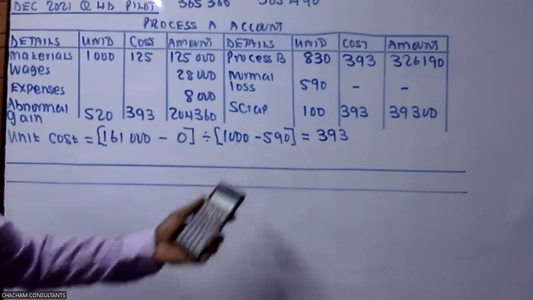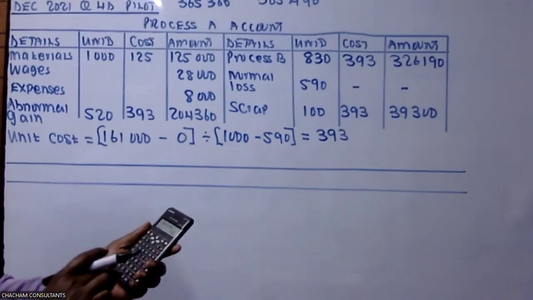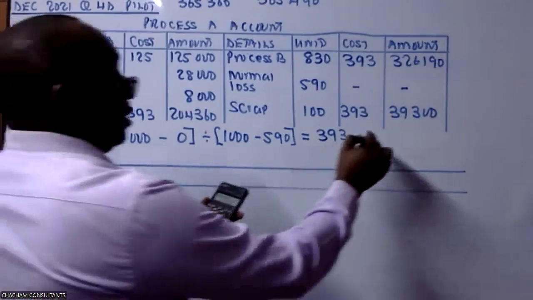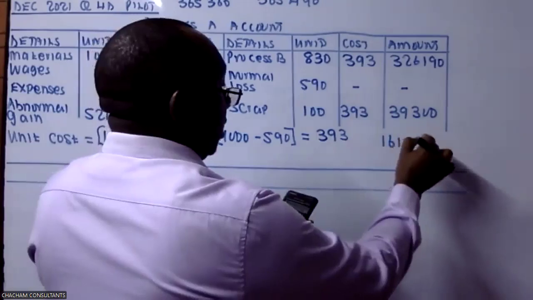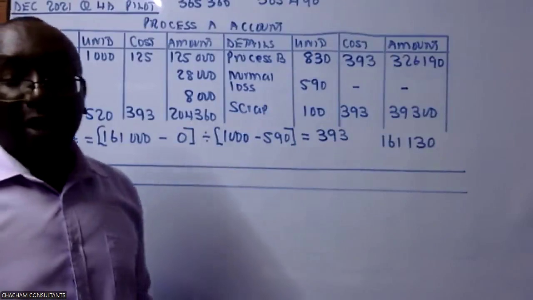So 410 times 393 comes to 161,130. In an exam setting we should not round off, we use decimals. We recommend you use 3 decimals. But if there are decimals, it can never balance, not unless they are exact.